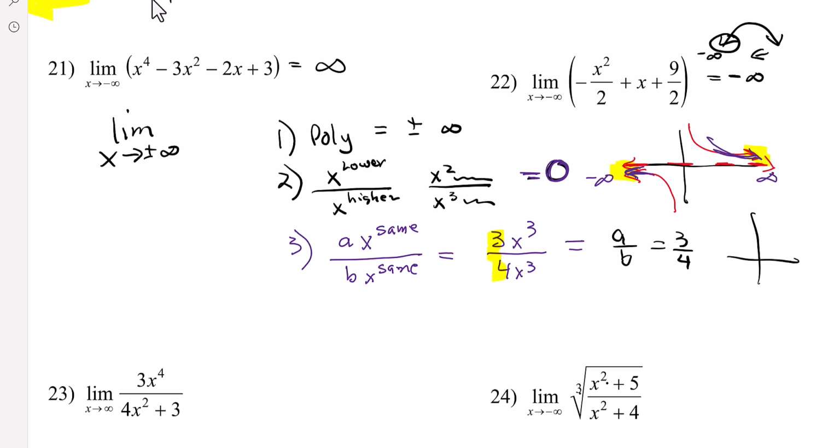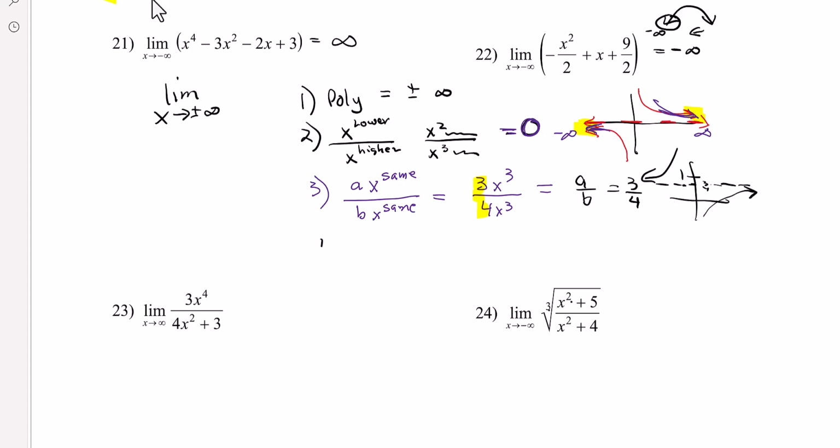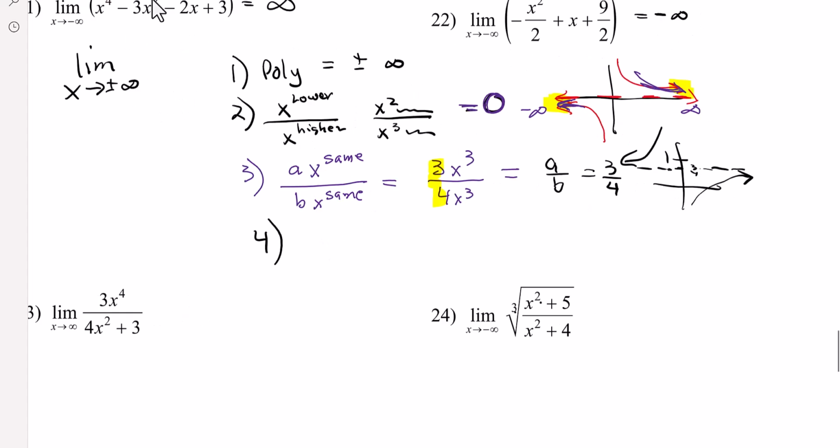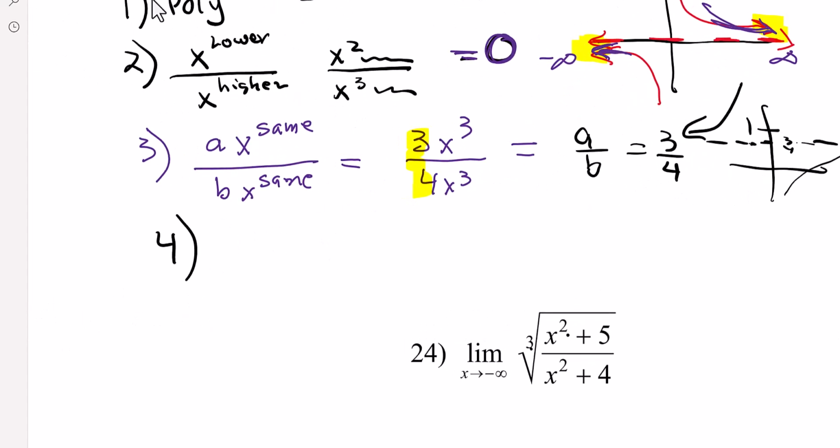So if this is a height of 1, at 3/4 is where the asymptote is going to be. So it's probably looking something like that. Okay, that's rule 3. When the degrees in the numerator and the denominator are the same, you look at the lead coefficients, and that is going to be the height, because that's where the horizontal asymptote will be.